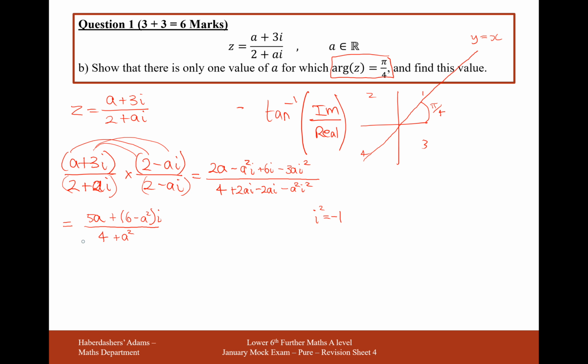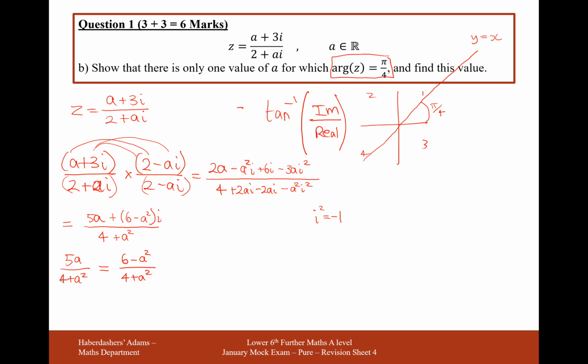So that's what I'm going to set up in this complex number here. I'm going to set the real part of this complex number, which is 5a over 4 plus a squared, equal to 6 minus a squared over 4 plus a squared. I don't need the i here because this is my imaginary part, just not times by the i.